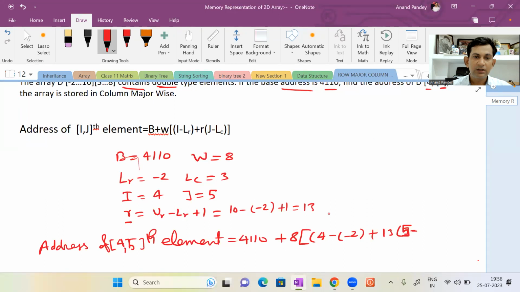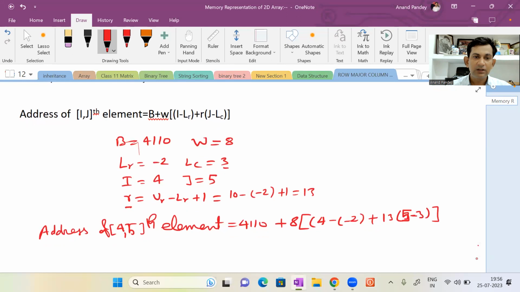The value of J is 5, and the value of LC is 3. Put the things in the formula and get the value. So here you can solve it. 4110 plus 8. Now here 4 minus -2 will be plus 6, plus 13 into 2.